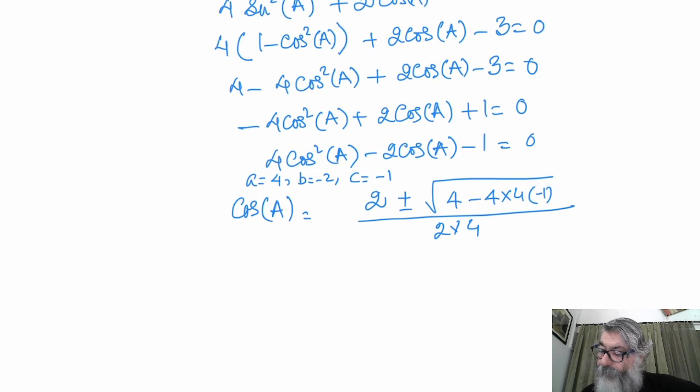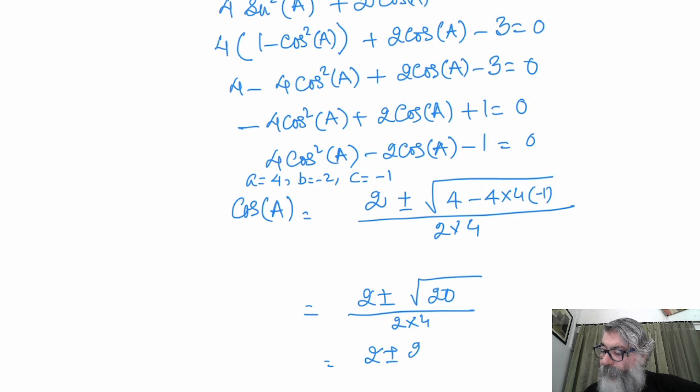What will it become? It will become 2 plus minus root of 16 plus 4, which is 20, upon 2 into 4. So 2 plus minus 2 root 5 upon 2 into 4. 2 will cancel everywhere, so you get root 5 plus 1 upon 4.